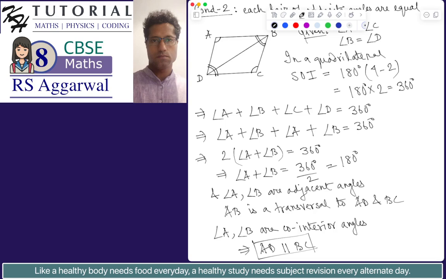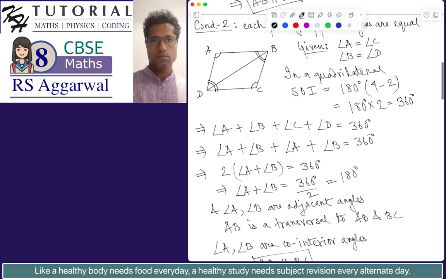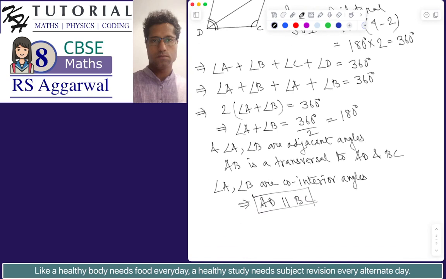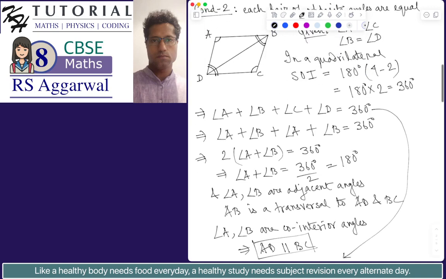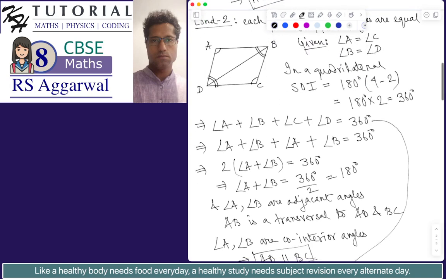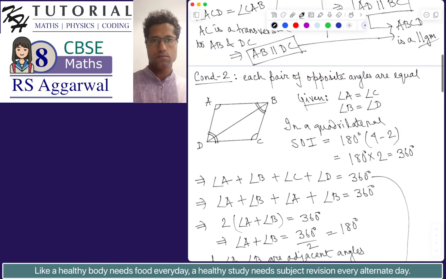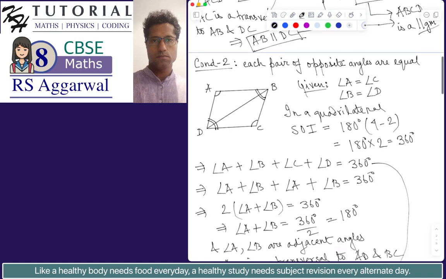We now need to prove that AB is parallel to DC. The proof will be similar. At this step, instead of substituting C with A, to prove that AB is parallel to DC, we need to prove that angle B plus angle C is 180 degrees.